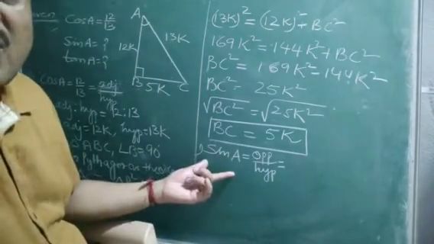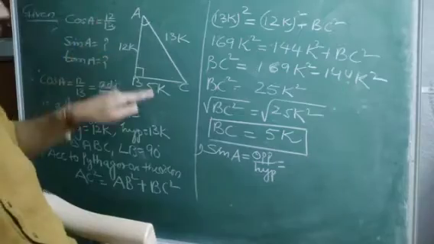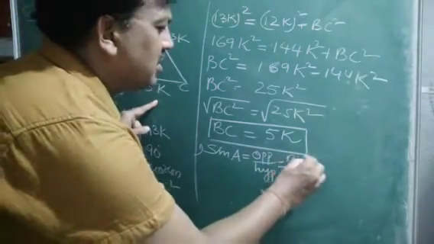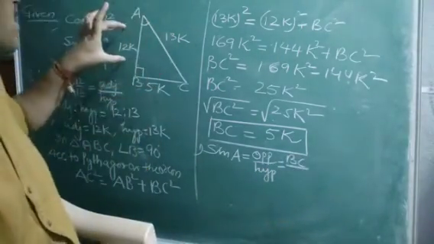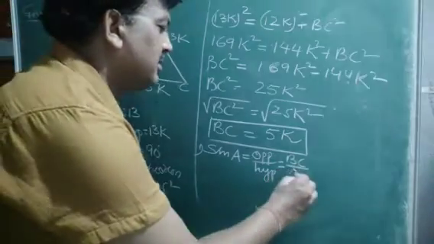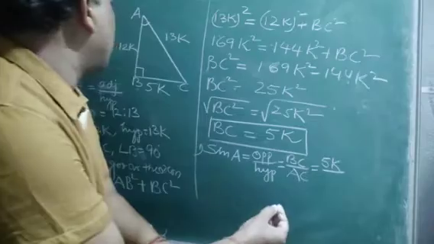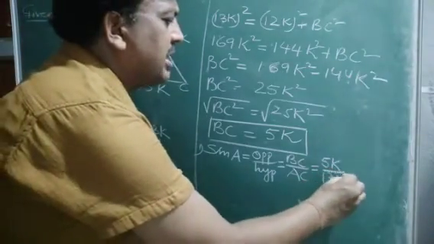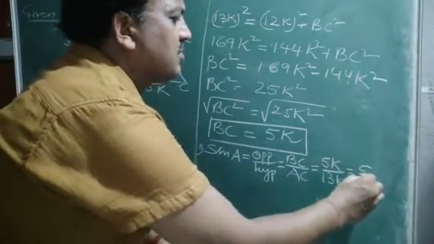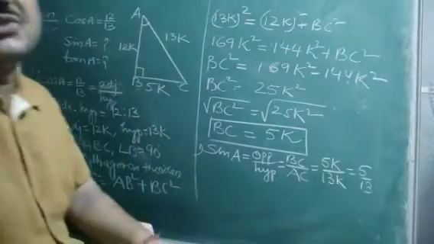Opposite side is BC, upon hypotenuse AC. So BC is how much, children? 5K, upon AC, how much? 13K. What is left is 5 by 13.